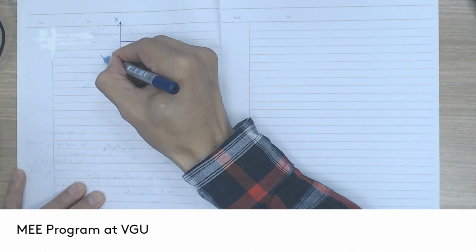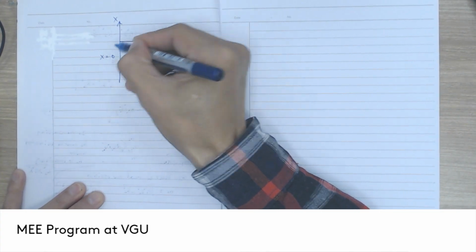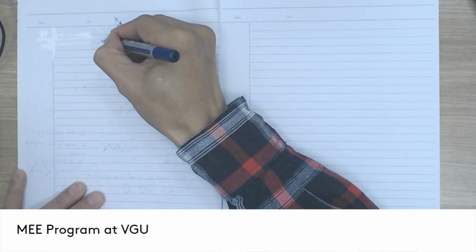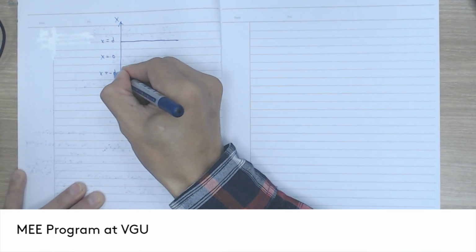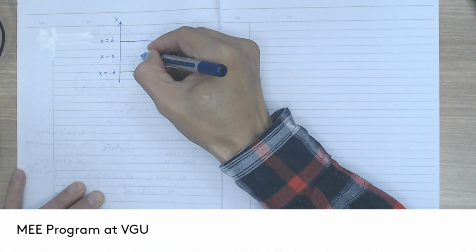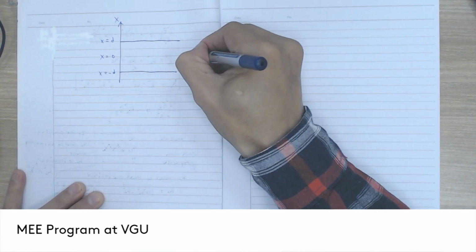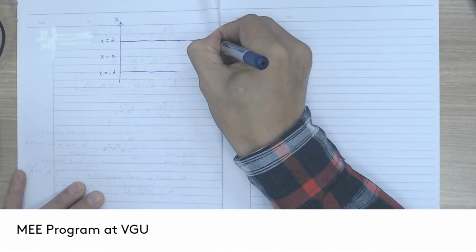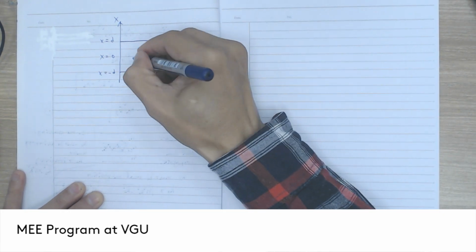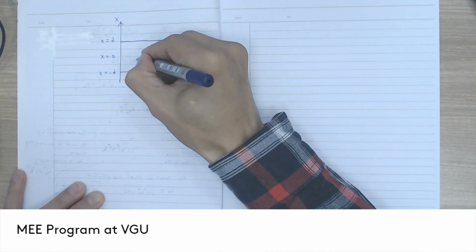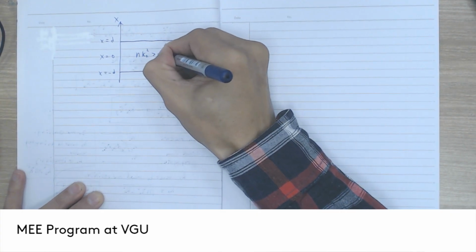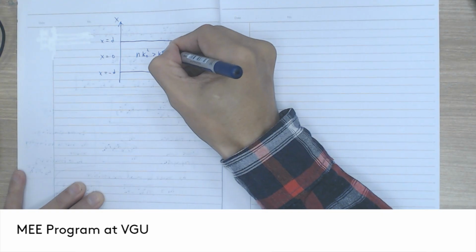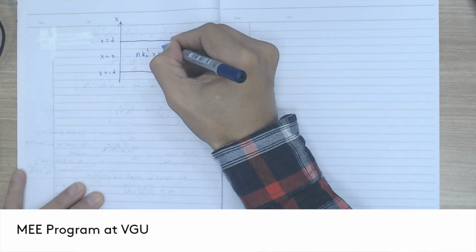Here is x equal to 0, and here is x equal to d, and here is x equal to minus d. And we know that inside the core, as it begins, we have n k naught square bigger than kz square. Is it true?